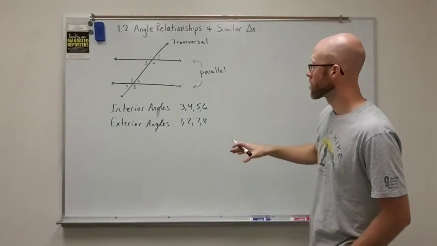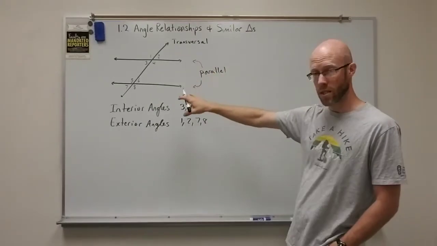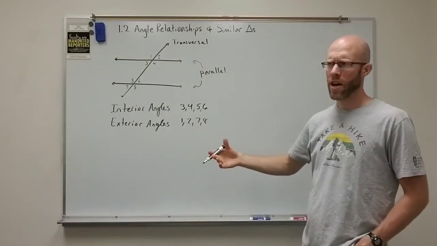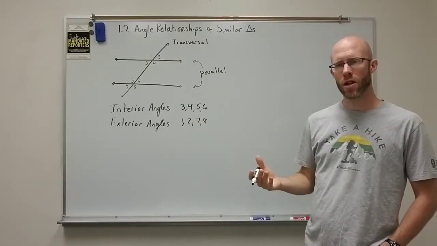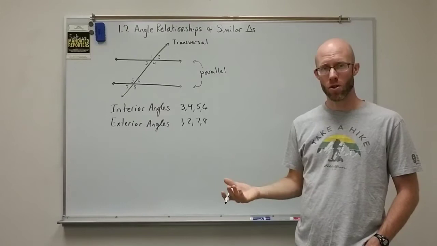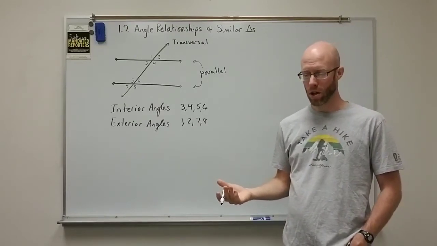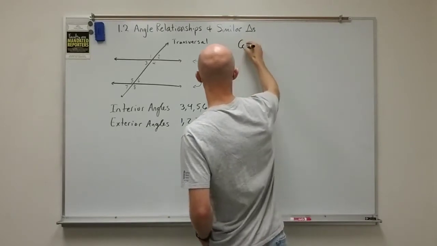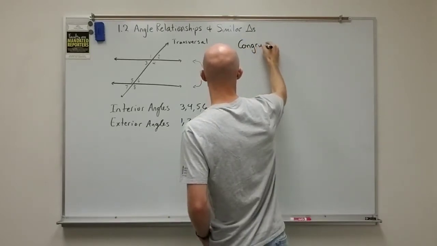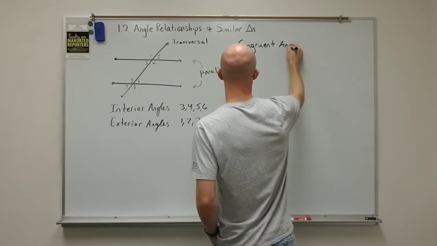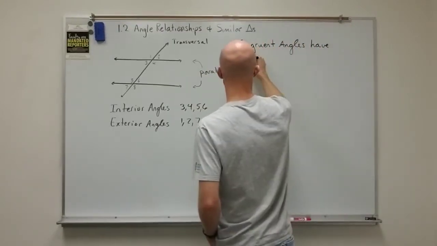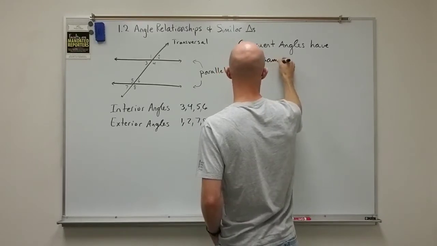What's interesting is there are certain relationships between these angles where we know they're the same size. And in fact, anytime you have two angles that have the same size or the same measure, we call them congruent. So congruent angles have the same measure.